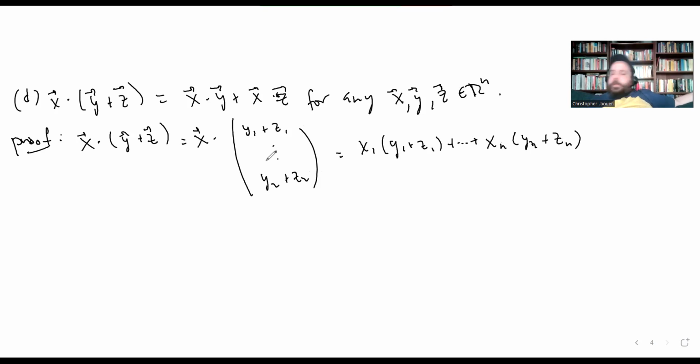And these are, again, real numbers, and there's a distributive law for distributing products over sums of real numbers.